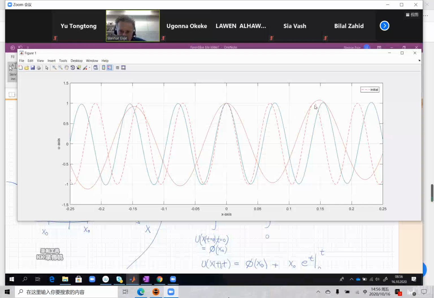What we can see here is that this maximum peak is a little bit higher, and that is typically what we should expect from a source term. It will add something, and we can observe it as an increase here in the height of this wave.